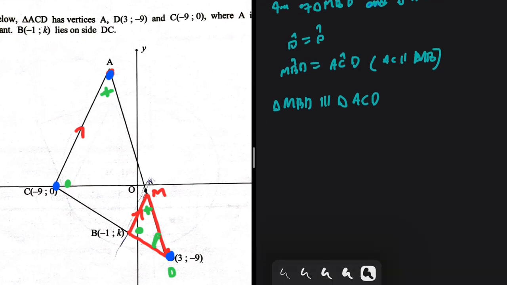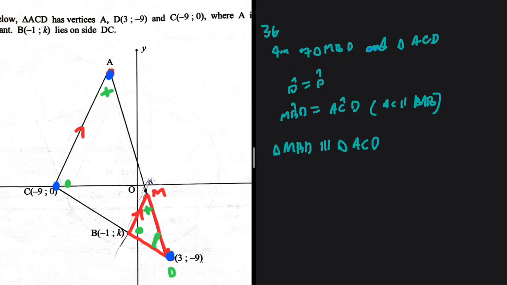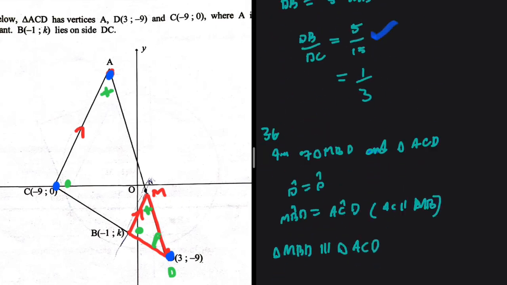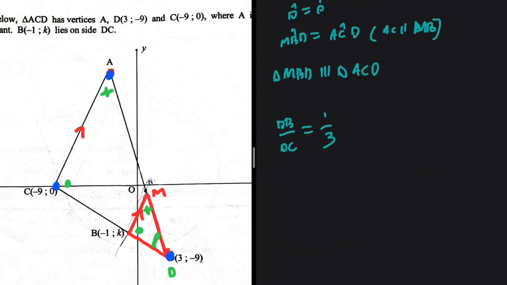Therefore, we can say that we already know from the question above that DB over DC is equal to 1 over 3. We already know that, but now we can play around with the other sides. So what can we say?